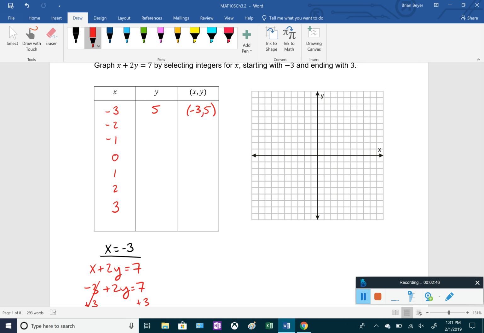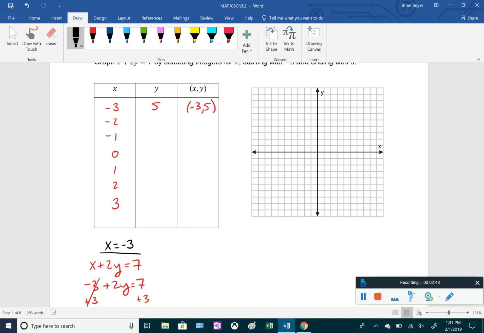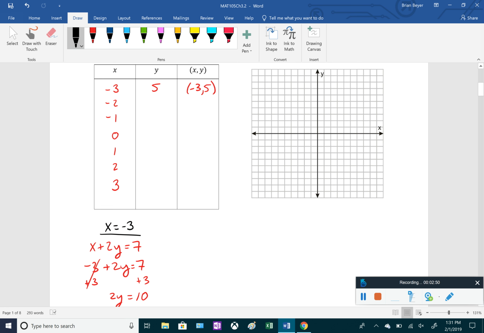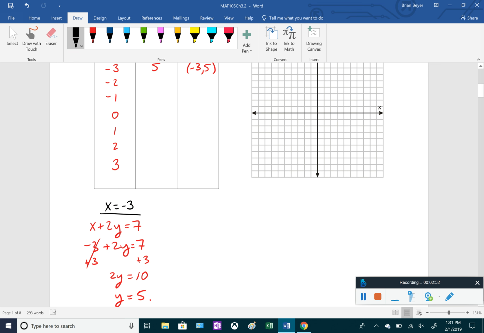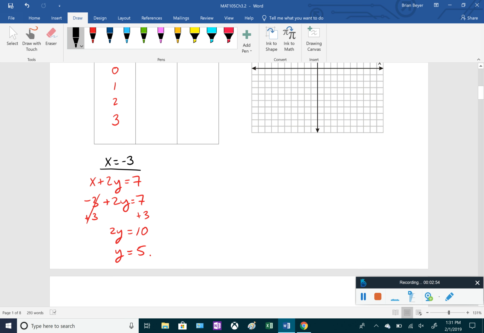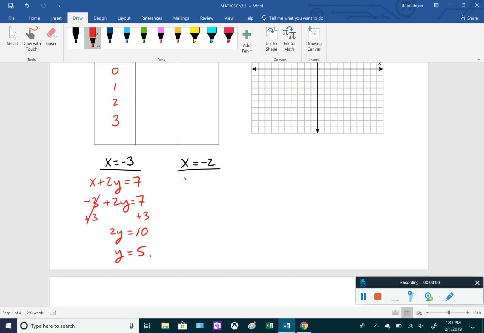Okay, next for -2. I probably won't go through and show all of these. I'll just fill them in. I'll do a couple of them though. So let's do -2 here, x equals -2. Same thing, we're going to use the equation. We're going to plug in -2 into x. I'm not going to show it, but we would add 2 to both sides.